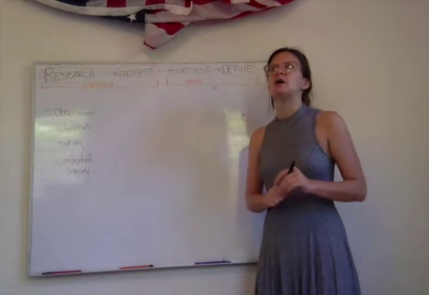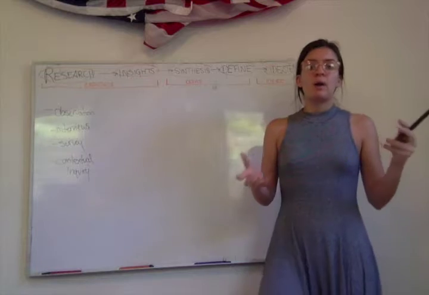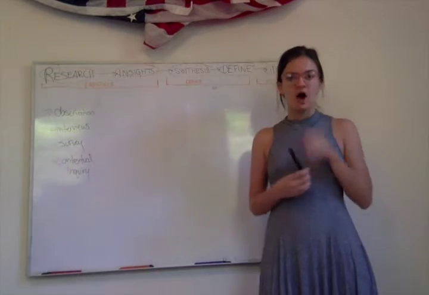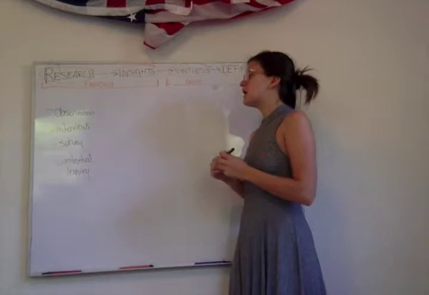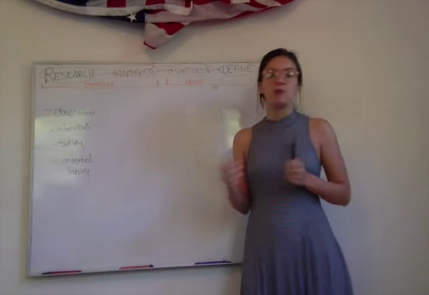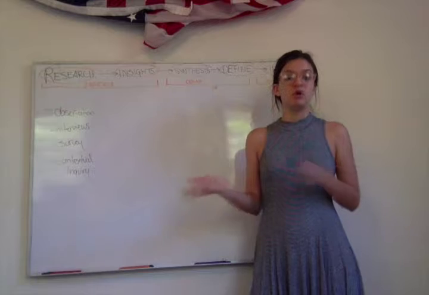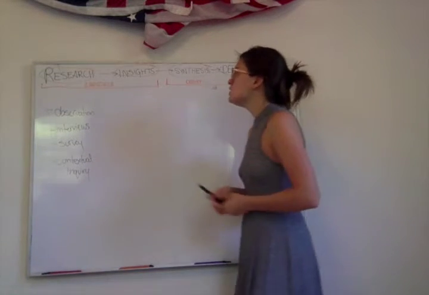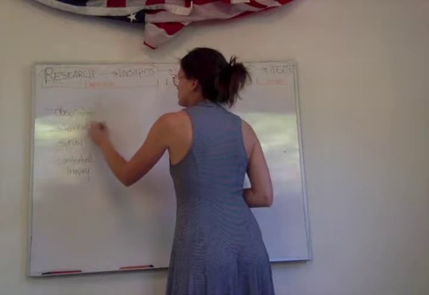So if I'm trying to figure out a better way to design an airline booking site, I'll have my user, during a contextual inquiry, go and book an airline flight.